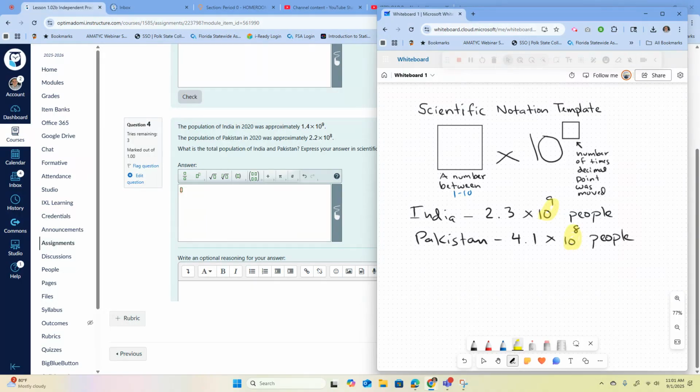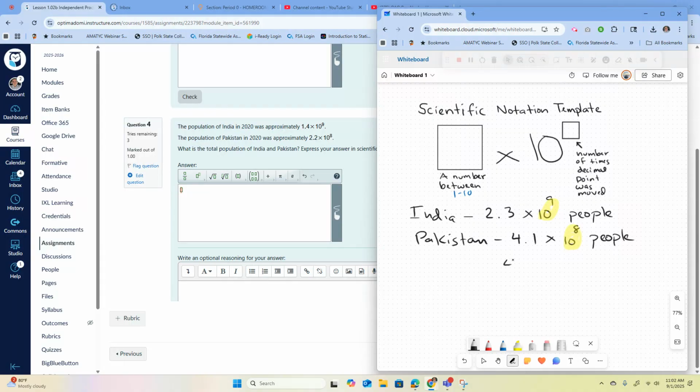So for me to be able to add these two numbers, I need to make them the same exponent. What I suggest you do is take the scientific notation with the smaller exponent, 4.1 times 10 to the 8 power, that's the one I suggest you fix. So make it exponent 9, like in India.